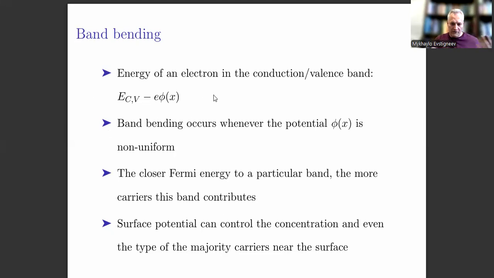And now, if the electric potential is non-uniform, the energy at the band edges bends. The band edges are not represented with straight lines anymore. They will bend somehow, up or down.